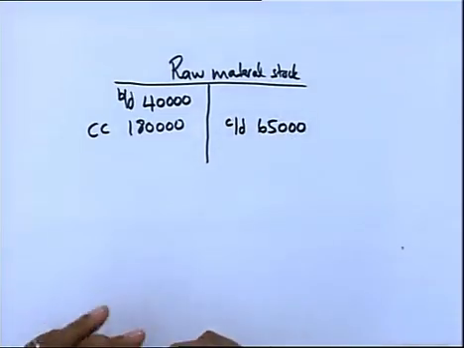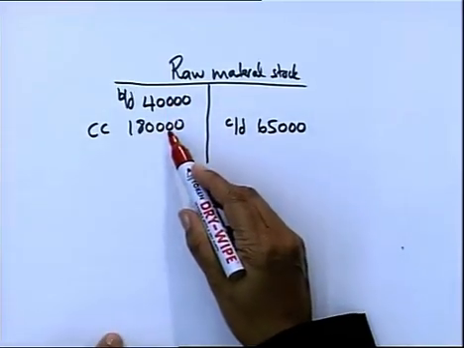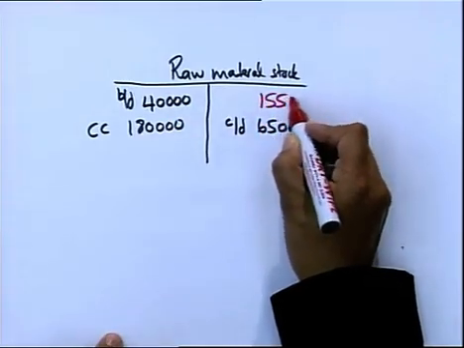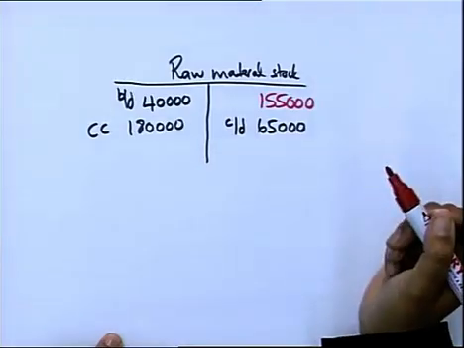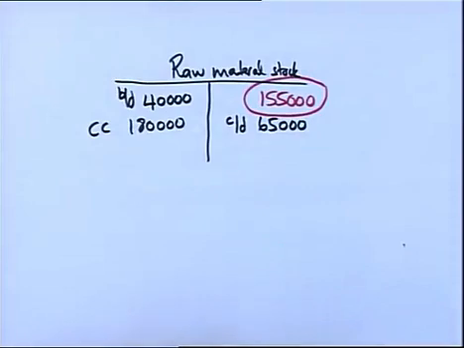That is what I did not use. So what I'm trying to calculate is my raw materials issued to production, okay, which is really 40,000 plus 180,000, that gives me 210,000, minus 65,000. So my raw materials issued to production is 155,000, and that goes onto my production cost statement.